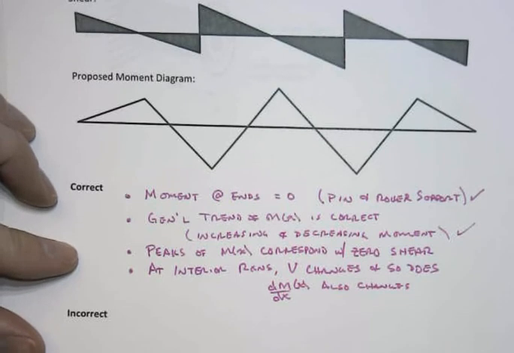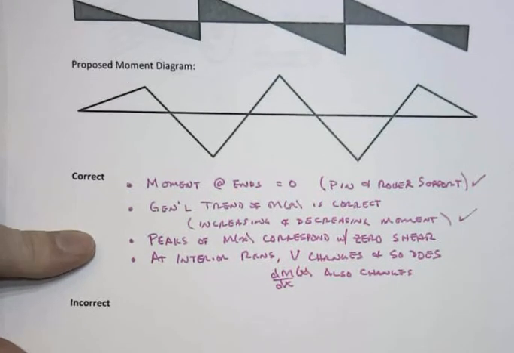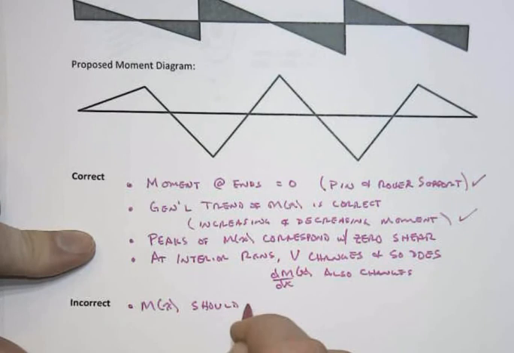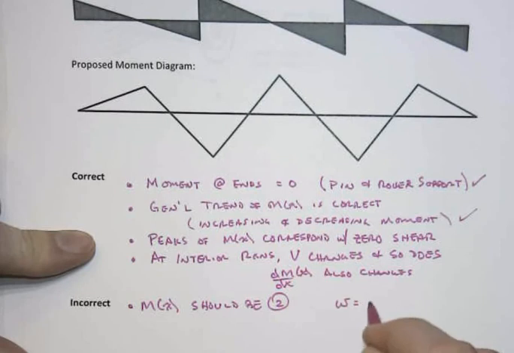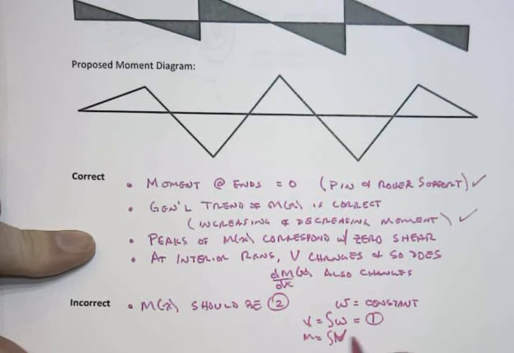The negative features of this are that the moment diagram should be second order, right? And that's because we have a load that's constant, and then we integrate the load to get shear, and that gives us first order, and we integrate then the shear, and we get second order, right?